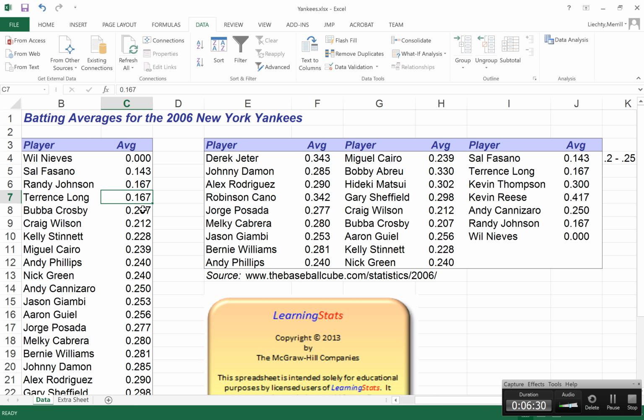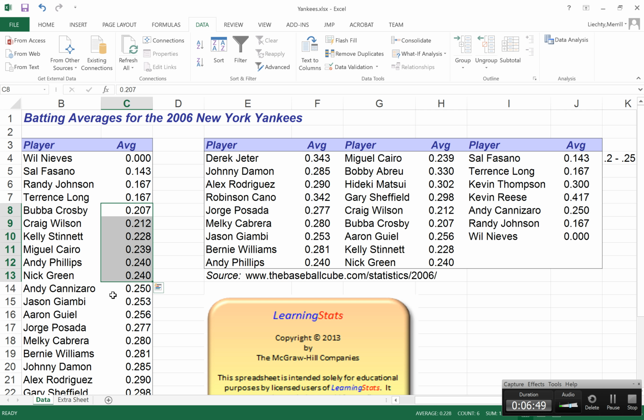Now that I've got it sorted, and of course you don't have to sort the data, you can just go through and look at it and manually try and find these things. But here's the first one, Bubba Crosby, and then we got Craig Wilson, and so forth. And we go all the way down to Nick Green.